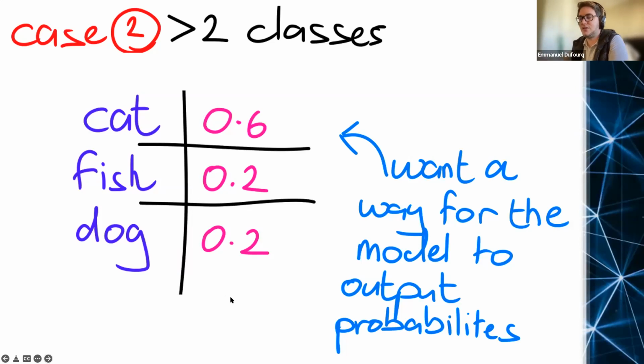So when I input some data, in this case, if we build a model on 3 classes, for each input that I provide, it will provide 3 probabilities, and we want these probabilities to add up to 1.